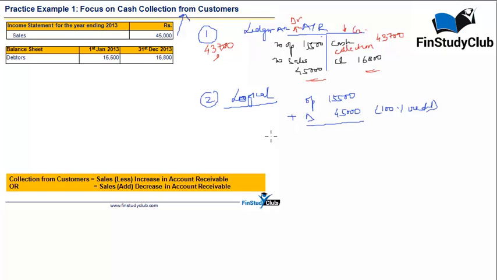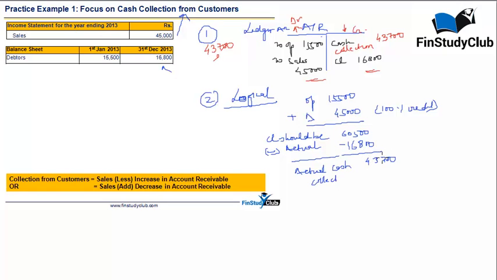Therefore the total closing which should be is 60,500, whereas the actual balance in my balance sheet is only 16,800, which is possible only when I would have received a cash of the balance, which is 43,700. So again I've been able to arrive at the same number using a much more logical process.